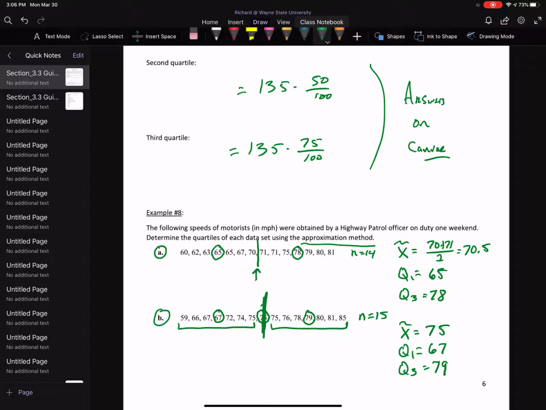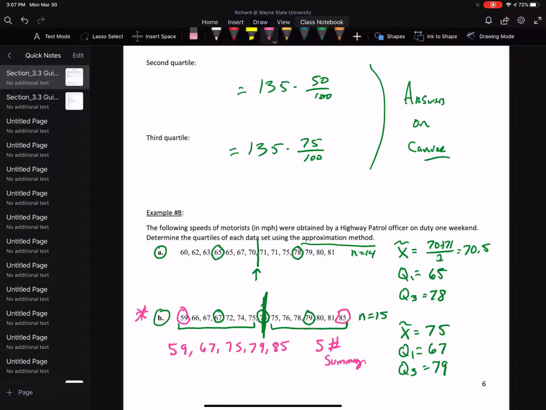Okay. Now I want to play with B for just a moment, because there's some other information on the slides that we're going to look at, and what I'm going to do here is put this together with two other values. Okay, so if I take 59 and 67 and 75 and 79 and 85, and I put these together, we get something called the 5-number summary.